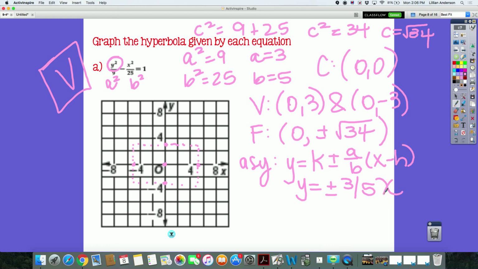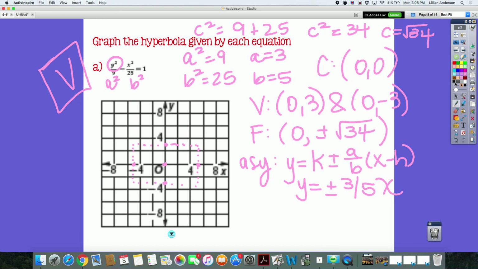So now I pretty much have all my information to go ahead and graph my hyperbola. If I wanted to, I really could go through and do my asymptotes. You know, I have a y-intercept of 0, and my slope is up 3 over 5 or down 3 over 5.